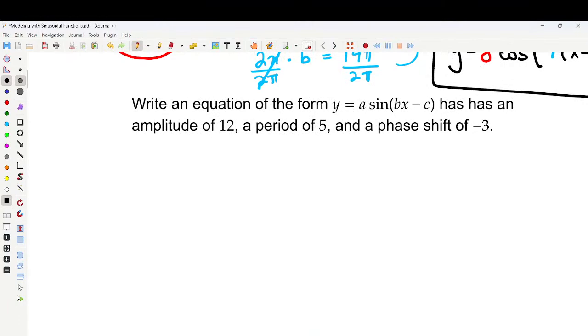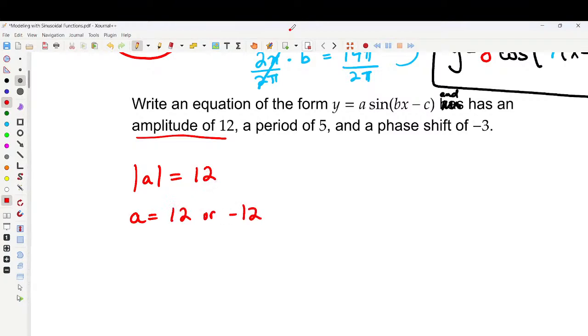Write an equation of the form y equals a sine bx minus c. That should say and has an amplitude of 12, a period of 5, and a phase shift of negative 3. So again, amplitude of 12 just means our a value could be either 12 or negative 12.